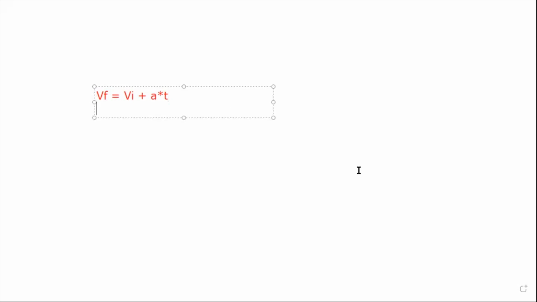Another one of the equations we have is if we take the change in x, or displacement, and we say that this is going to be 1/2 times the acceleration times time squared, and we add this to the initial velocity times time.